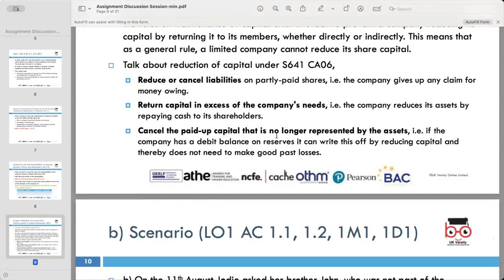Then finally, cancel the paid up capital that is no longer represented by assets. Explain how a company can cancel paid up capital that is no longer represented by assets, particularly when the company has a debit balance on reserves, allowing it to write off past losses.